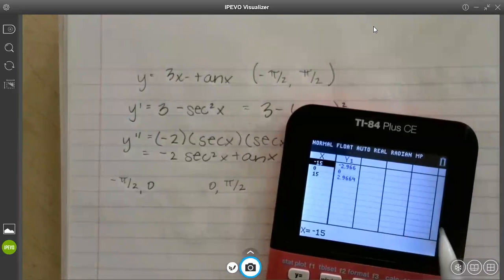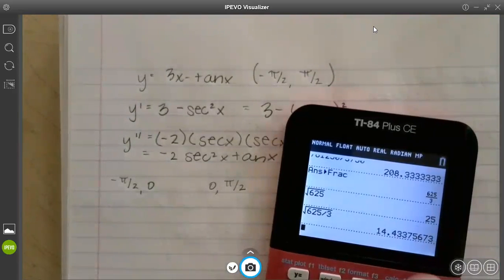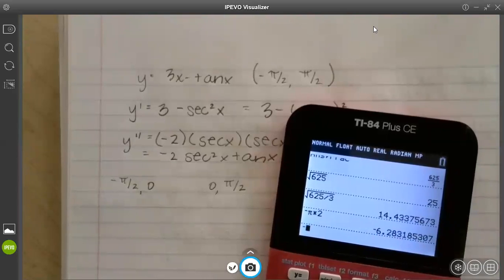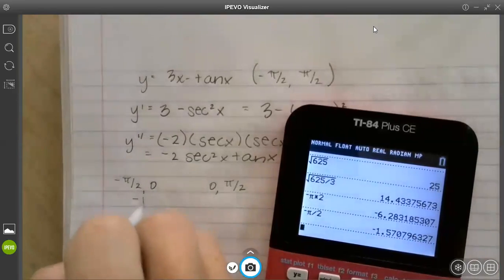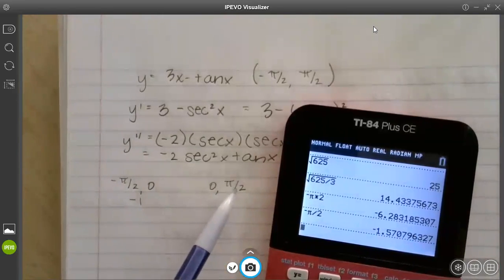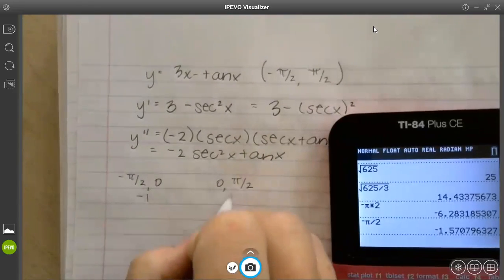What can we plug in? If you're not sure, stop. Negative pi over 2 is -1.57, so I need a number between -1.57 and 0. -1. This one will be a positive 1.57.